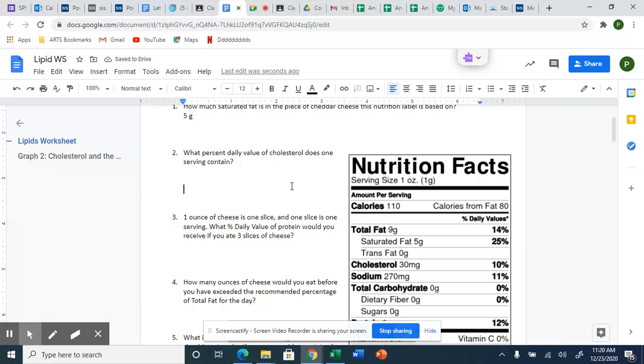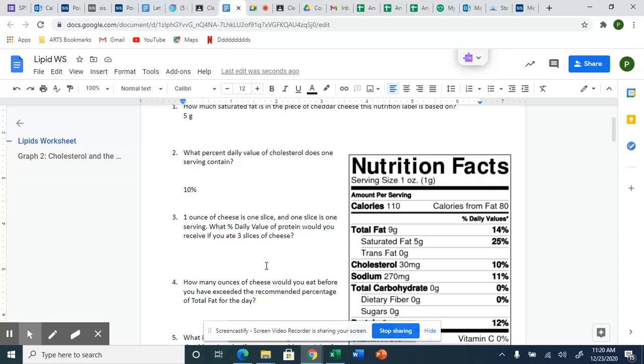All right. So what percentage of cholesterol does one serving contain? It says here cholesterol, 10%. So 10% is that answer. One ounce of cheese is 1 slice, and 1 slice is 1 serving.